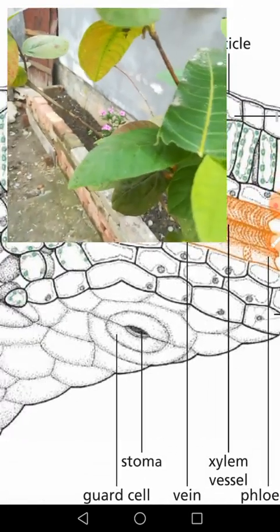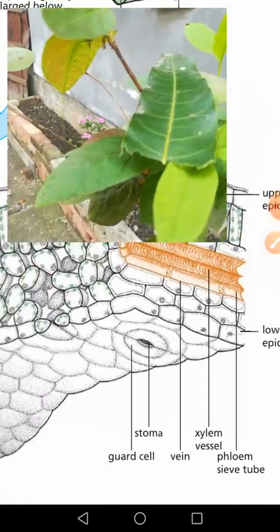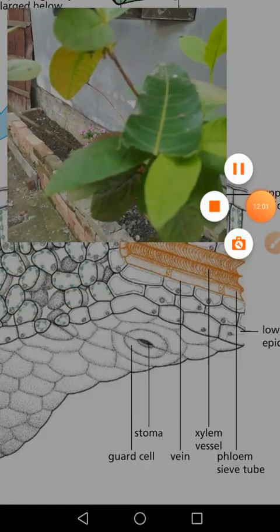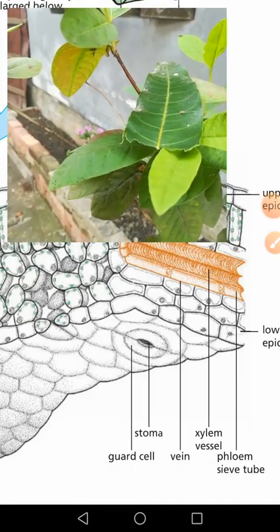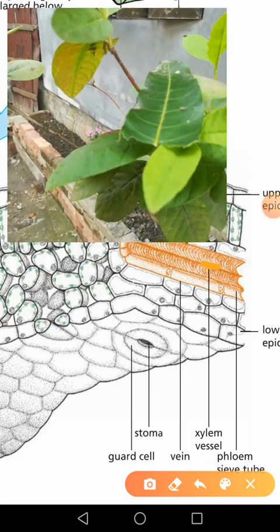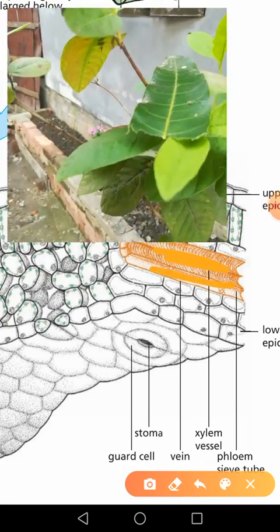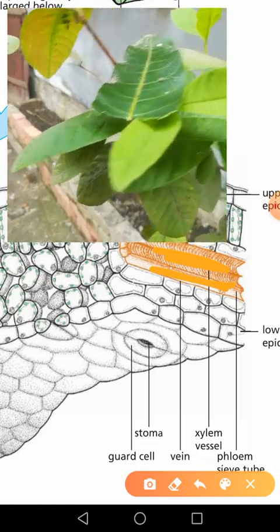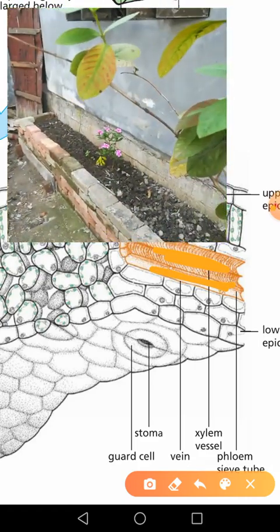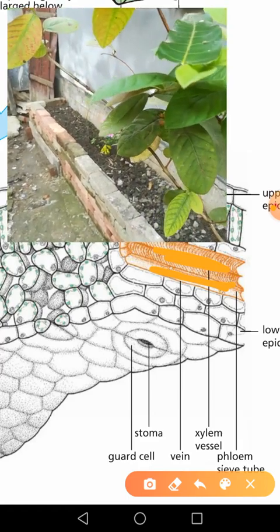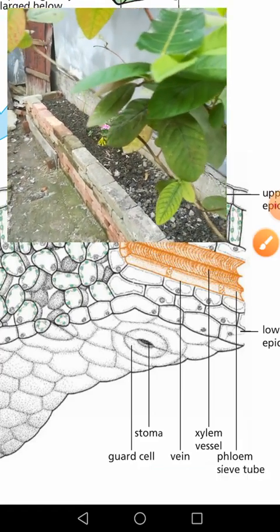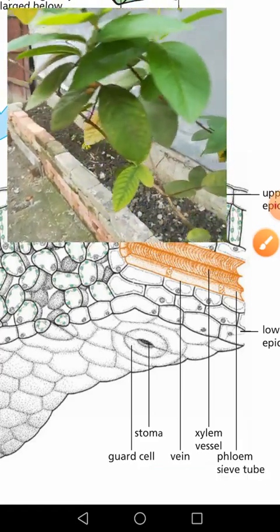So again, these things are the xylem, and these clear parts are the phloem. So how will you understand the position of xylem and phloem in a leaf?